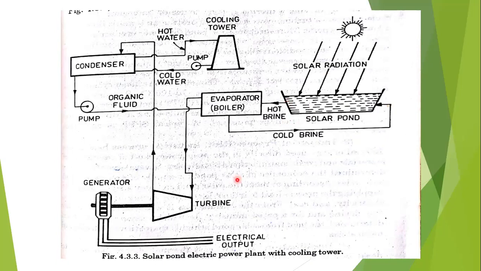This is the generator, and this is the turbine shafted to the generator. If the turbine moves, the generator works and produces electricity. This is the evaporator or boiler. This is a cooling tower, pump, and condenser. I will now explain the Rankine cycle.